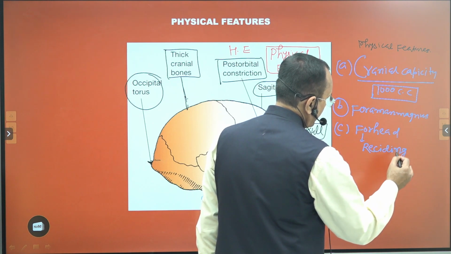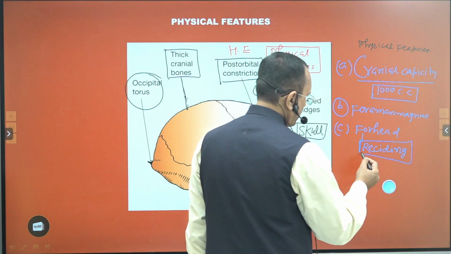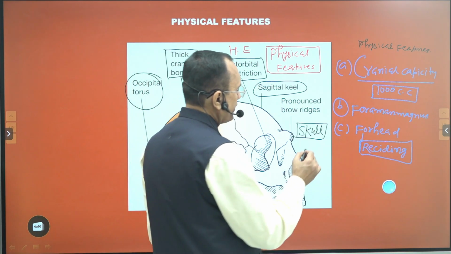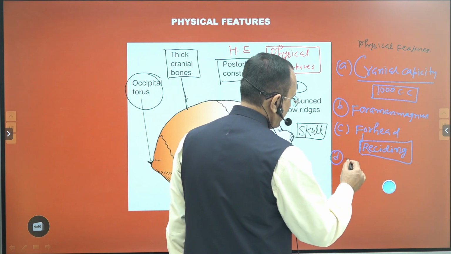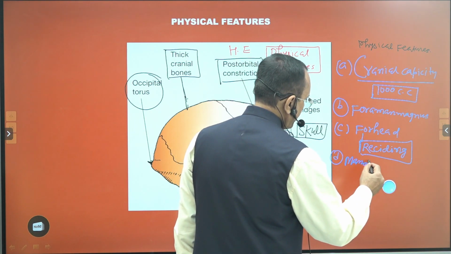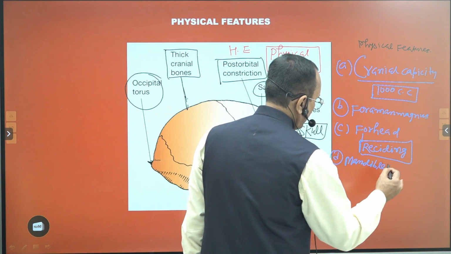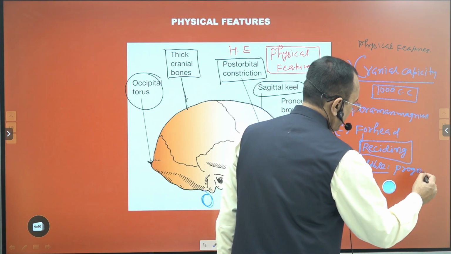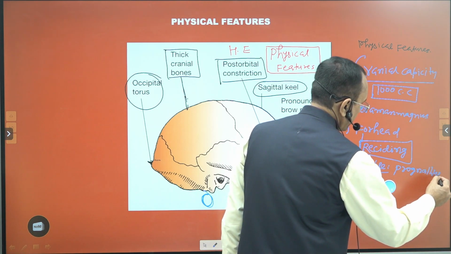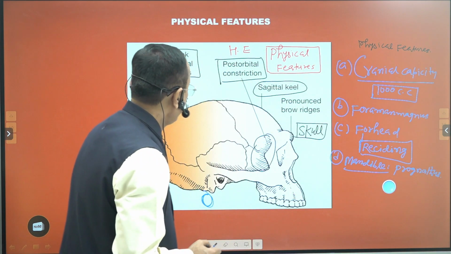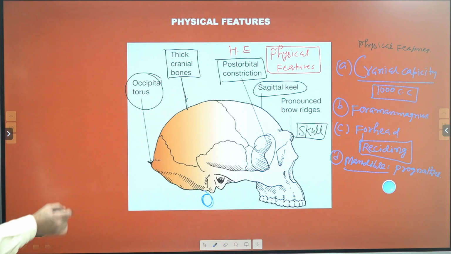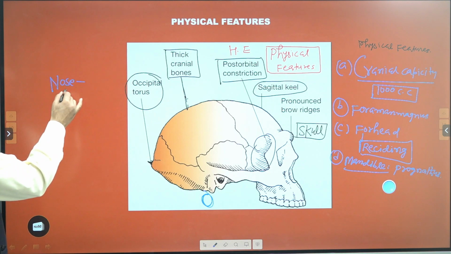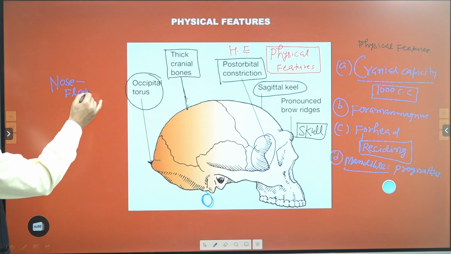Relatively less vertical than Homo sapiens. And then you have to talk about the mandible, right? The mandible was prognathous, right? And then you have to talk about their nose. So that was flattened.